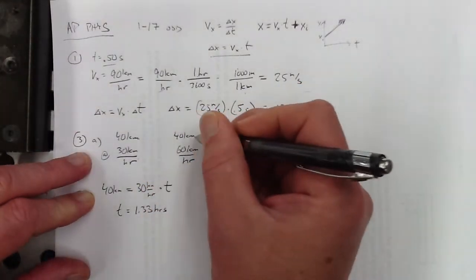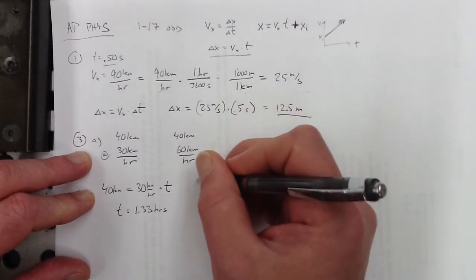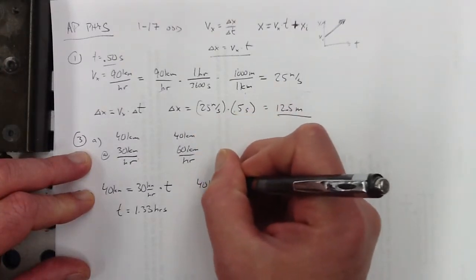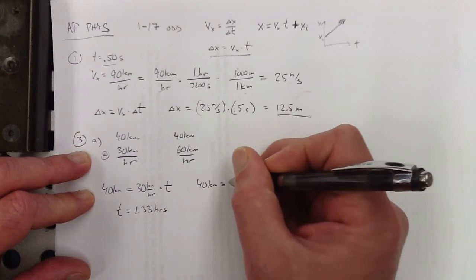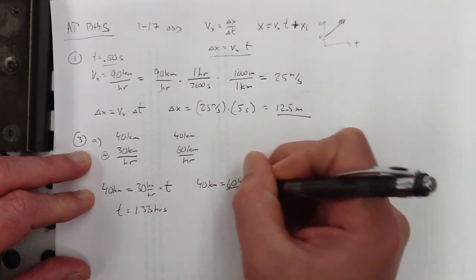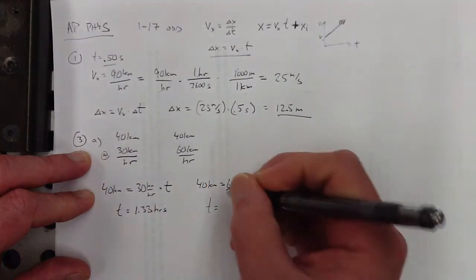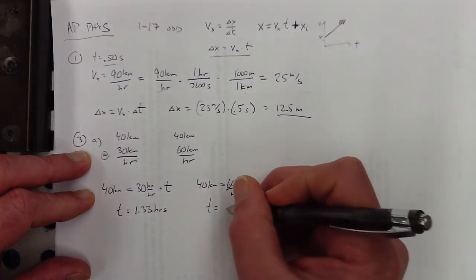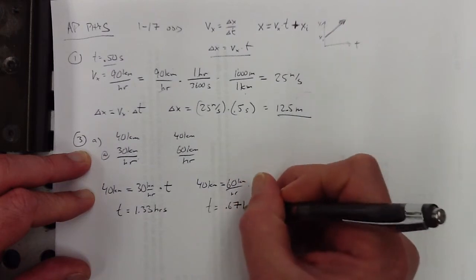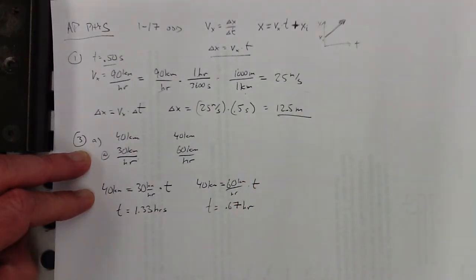And then here, 40 kilometers at, if I do the same thing, 40 kilometers is equal to 60 kilometers per hour. So if I divide that over, that's going to take 2/3 of an hour.